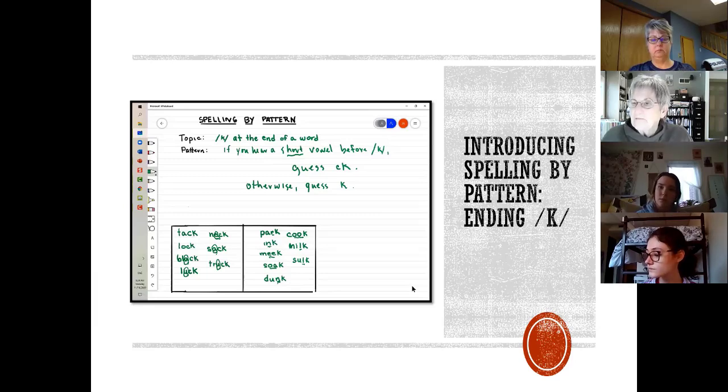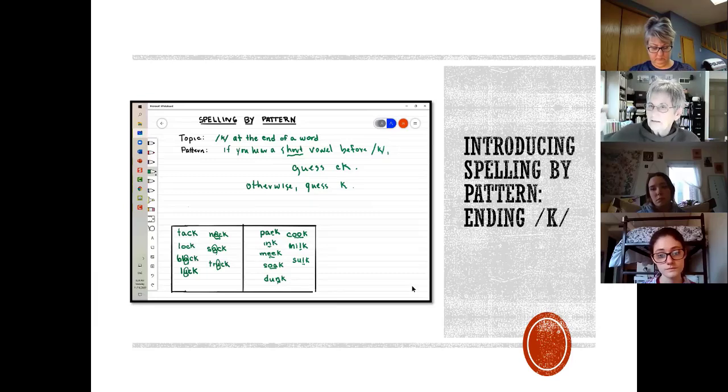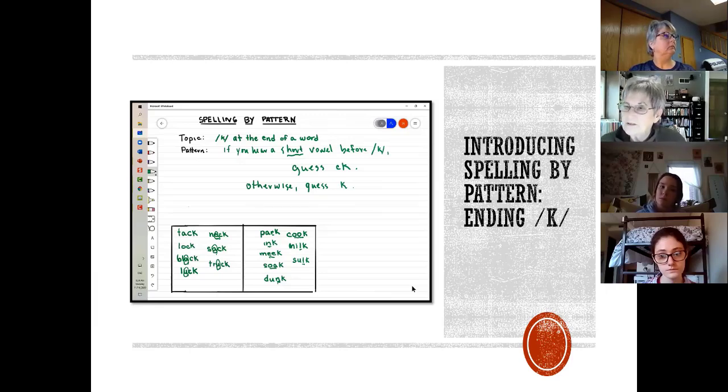And you could put a little tab that says ending, so that he'll know where to look to find other words. So that should be your first day. Any questions about this?